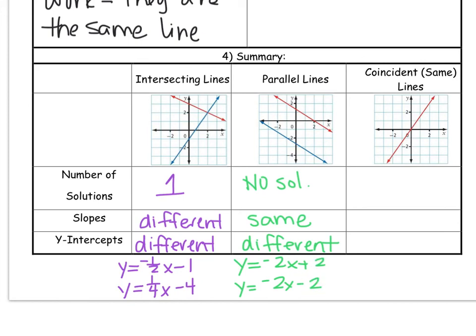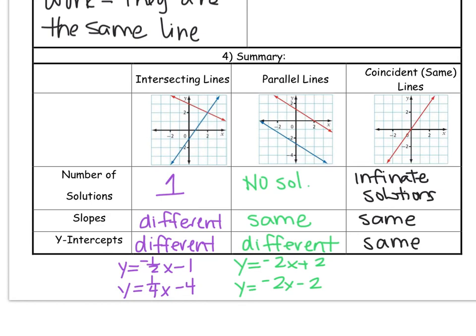And finally, the last example, coincident or same lines. This is infinite solutions. These lines have the same slope and the same y-intercept.